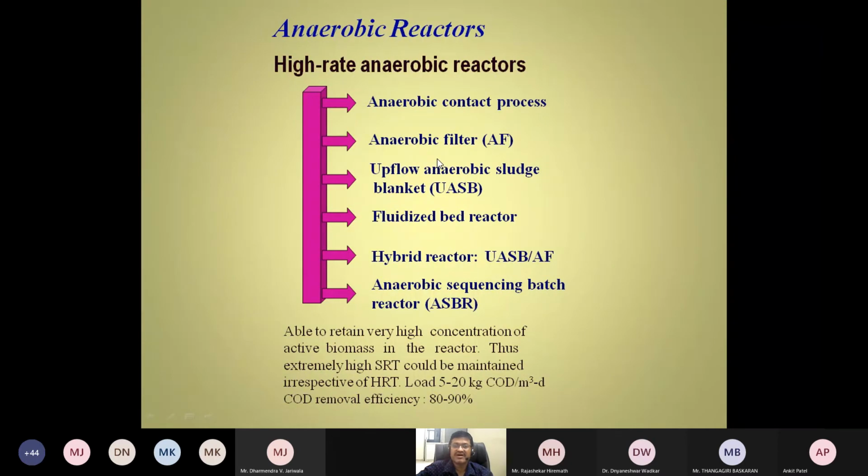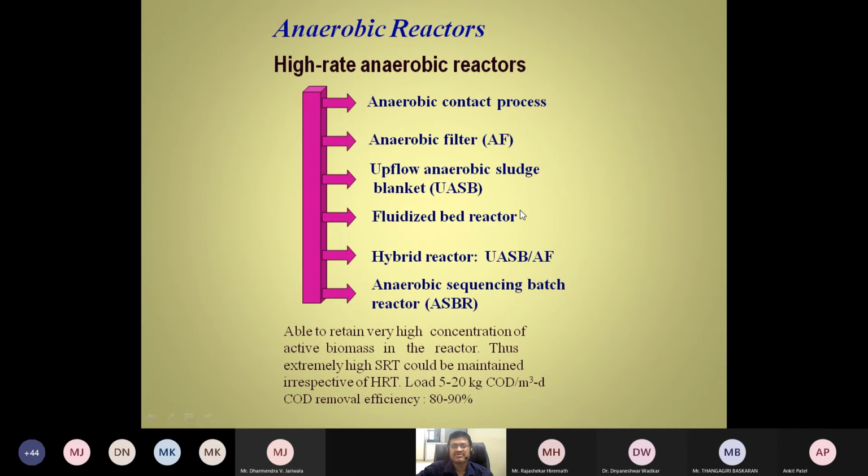So when the BOD is very high, this type of anaerobic treatment is very useful. Why? You may say, sir, why anaerobic, can we not give it directly to aerobic treatment?